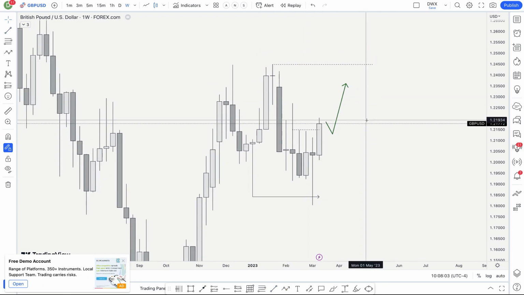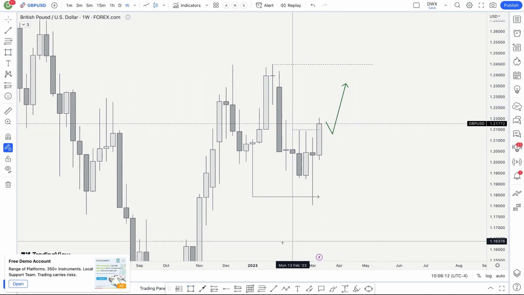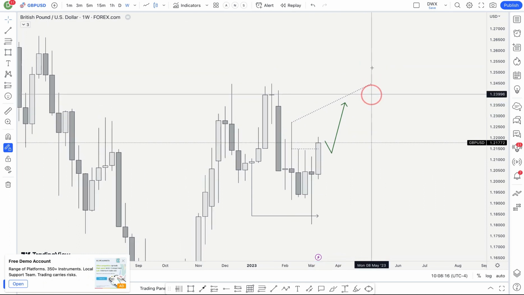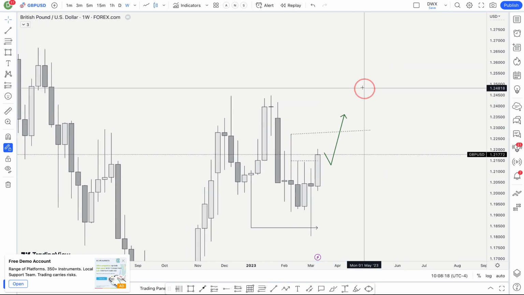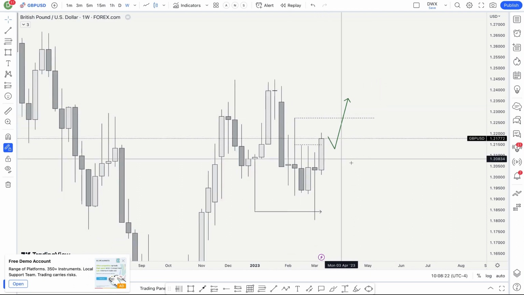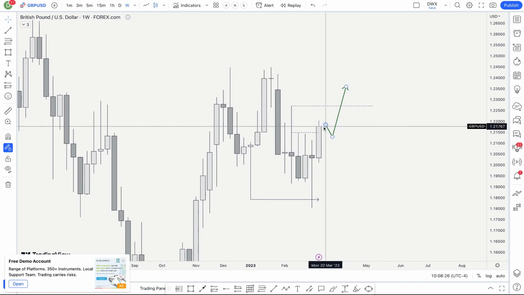So that's kind of the idea for the coming weeks. I'm not saying that the next weekly candle will be a massive push all the way towards the upside, but at least looking to see if price can trade up to this high in the coming weeks. So that's kind of the analysis for GU on the weekly time frame.